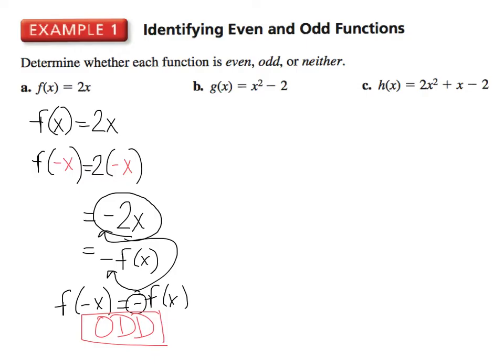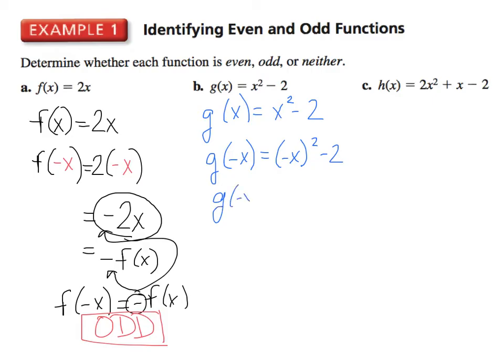So now let's look at part B. Part B, I write down the function. Step 2, substitute negative x in for all of the x values. So that would give me g of negative x equals, well, that's going to become positive x squared minus 2.